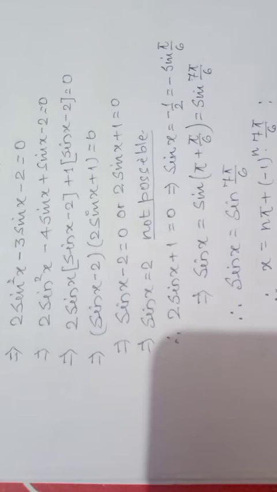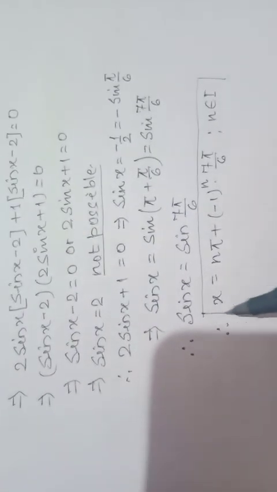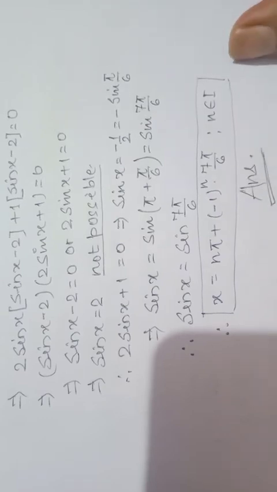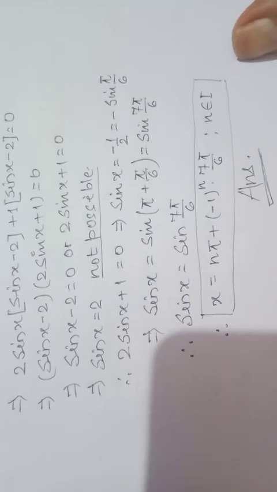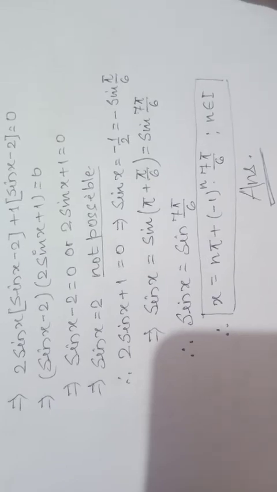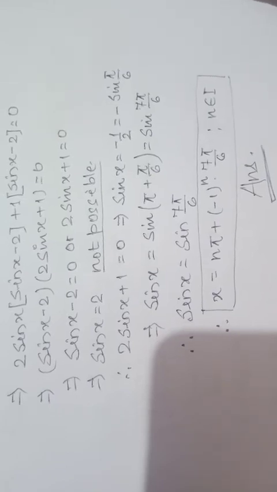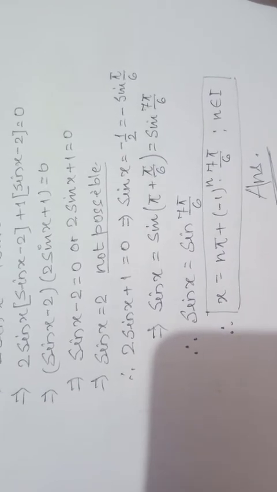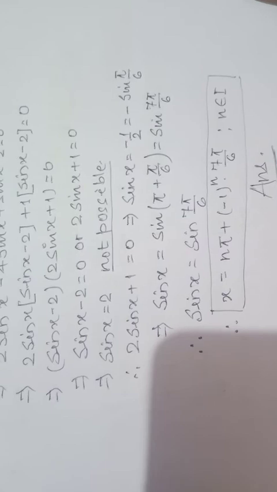You may write here n belongs to I. This is your general solution: x is equal to n pi plus minus 1 to the power n into 7 pi by 6. So children, in this way we will solve different equations.